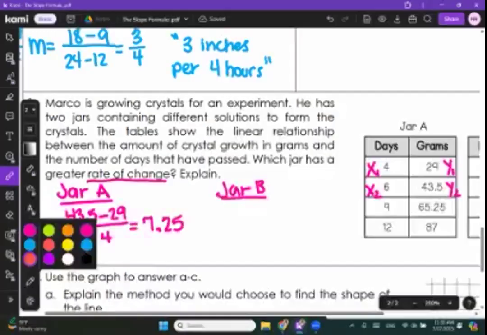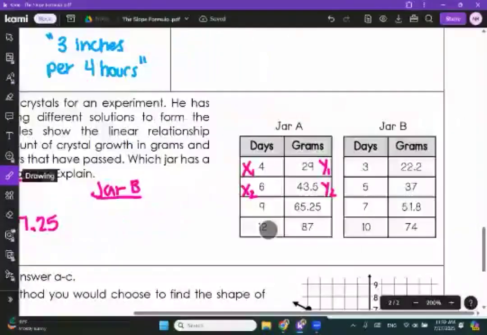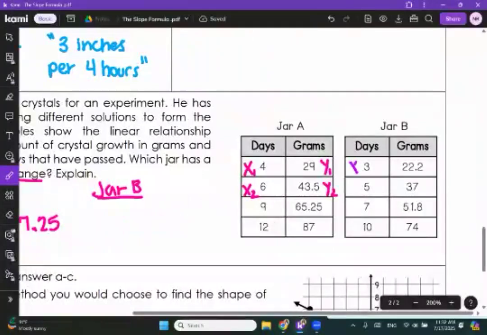All right, let's try jar B. This is our x1, x2, y1, y2. So for jar B, at the top, we're going to have 37 minus 22.2, and 5 minus 3.